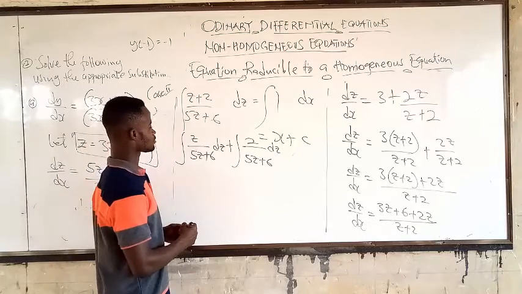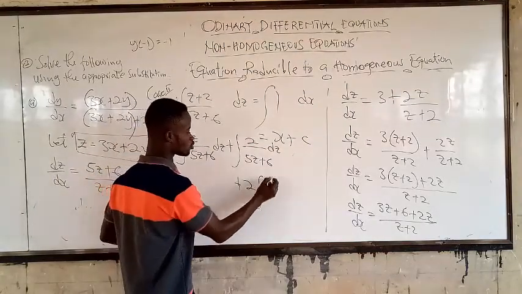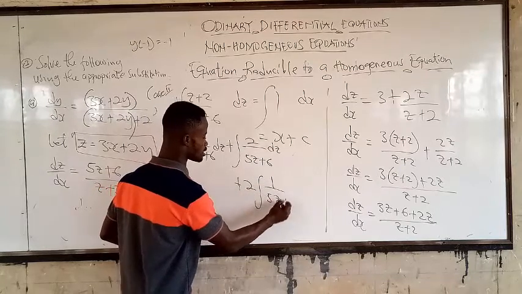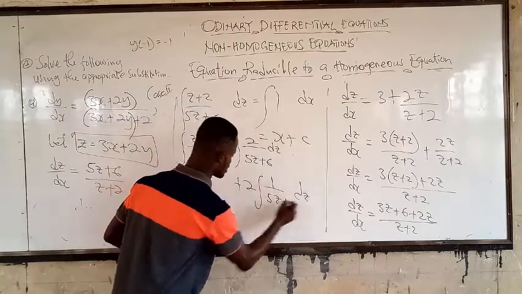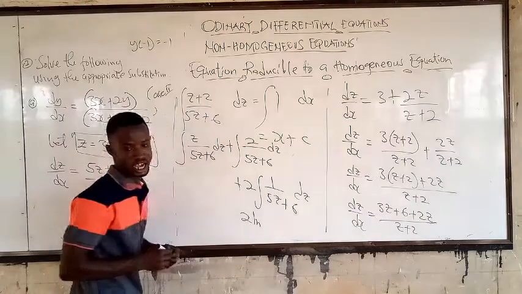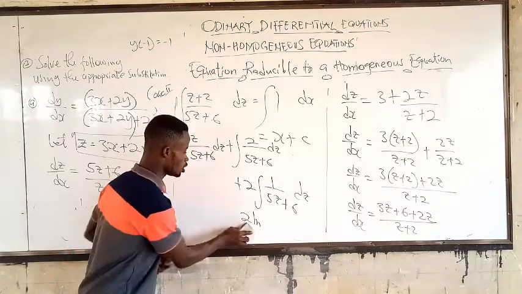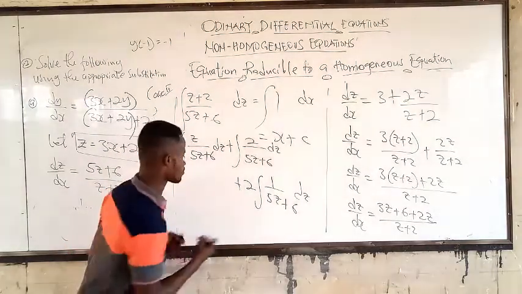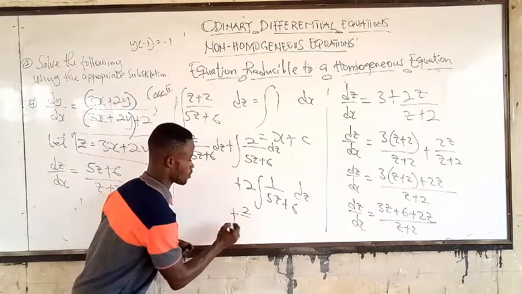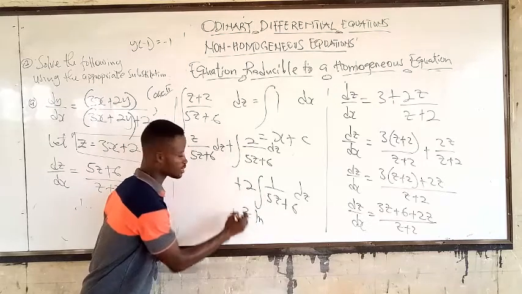But here, let's look at this side. Here we can bring 2 out, 1 over (5z + 6) dz. This is just truly... but don't forget, the coefficient here will come and divide what is here.